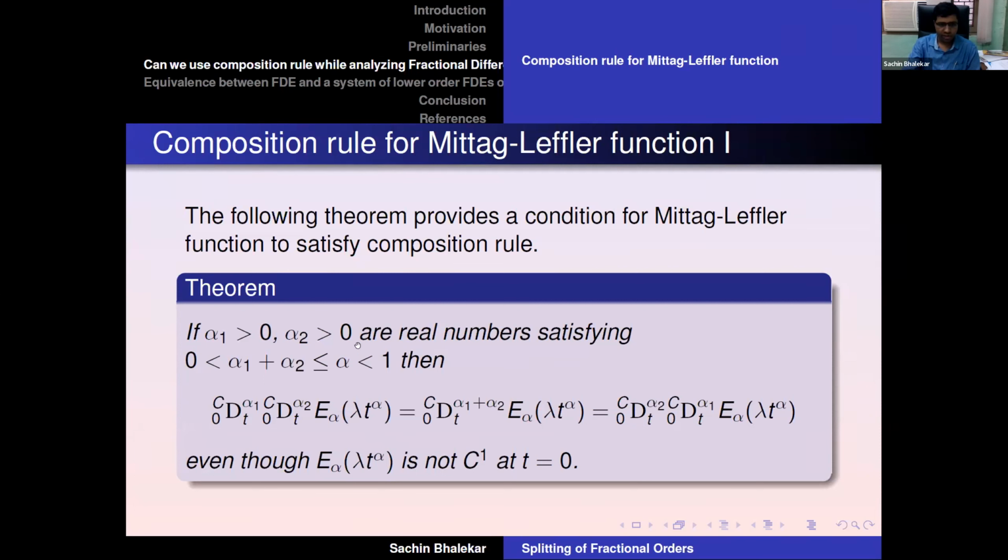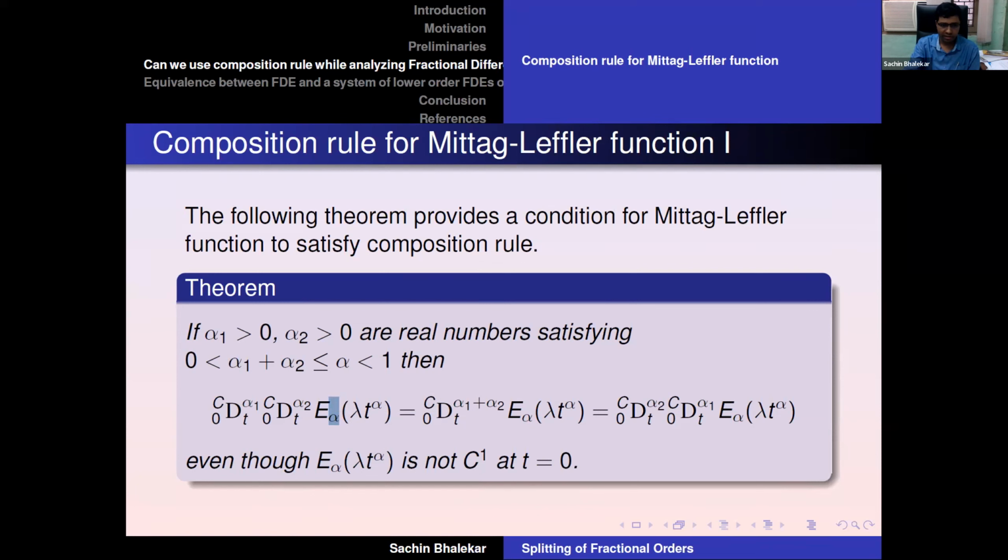We take alpha 1 positive, alpha 2 positive, and a number alpha such that 0 less than alpha 1 plus alpha 2 less than or equal to alpha less than 1. All these are between 0 and 1. If we take such a thing, then consider the Mittag-Leffler function E_alpha of lambda t to alpha. The index alpha, which we take in the definition of the Mittag-Leffler function, should be greater than or equal to the sum of these two orders. So the condition is that alpha should be greater than or equal to alpha 1 plus alpha 2.